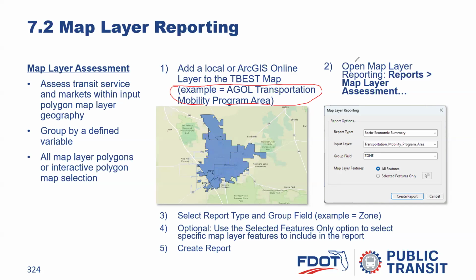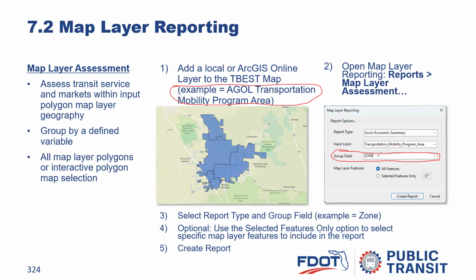So we would go to open map layer reporting, open the map layer assessment. We would select a report type, socioeconomic summary. The input layer is our transportation mobility program. And here we have a group field, right? So the group field is basically the field that it's going to show up as the summary field. So like name, or in this case, zone.